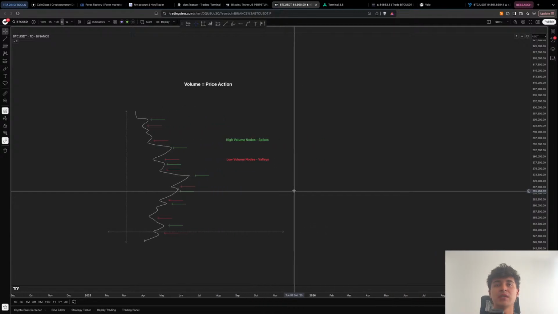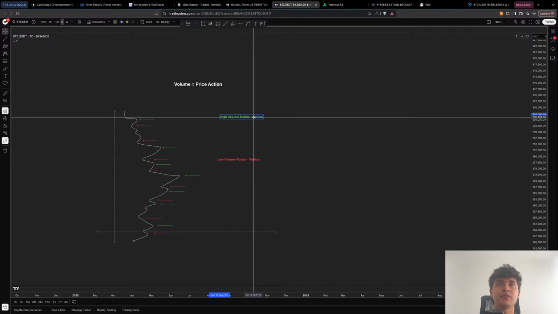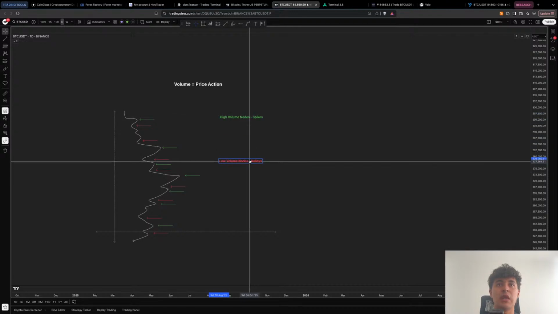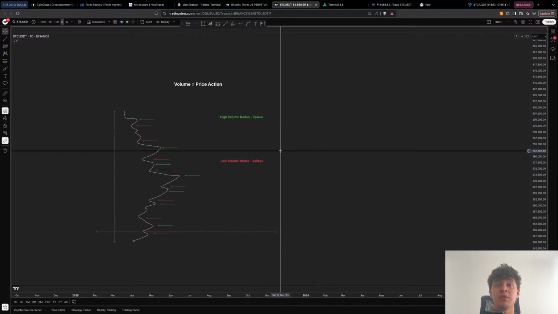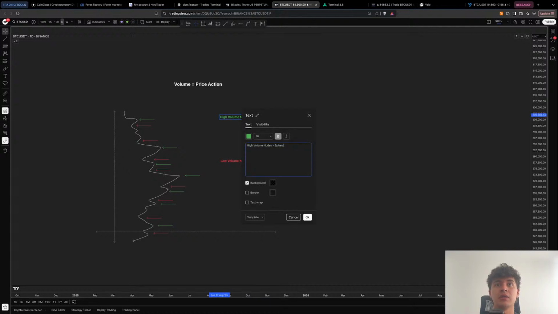Now, what is the difference? Normally, high volume nodes, as you saw in my previous educational session, are directly correlated to points of control, which basically means it's where most volume traded in a specific time.